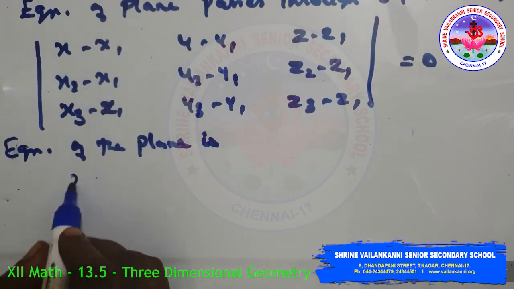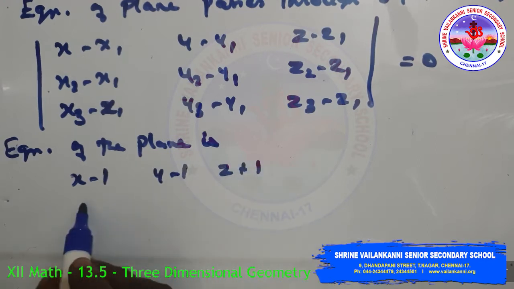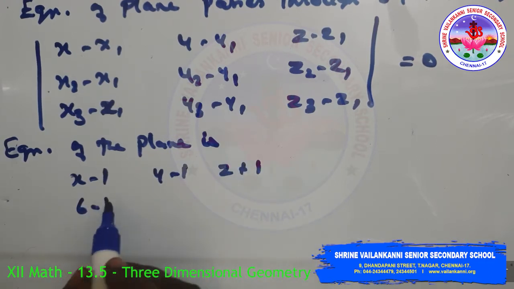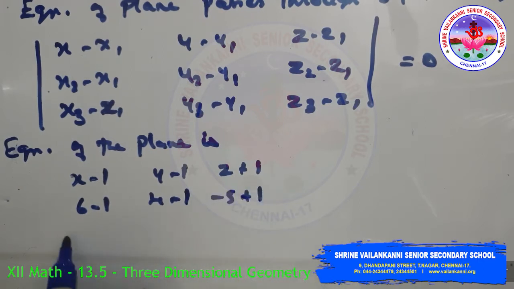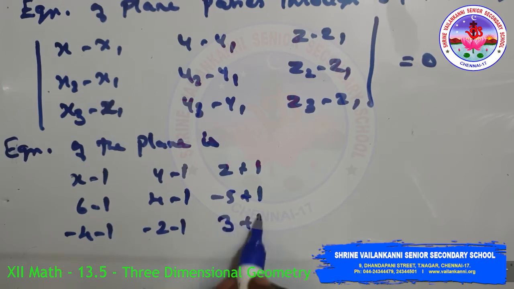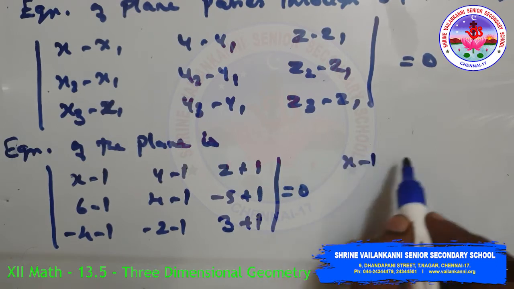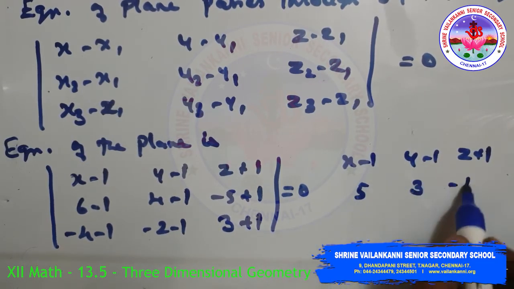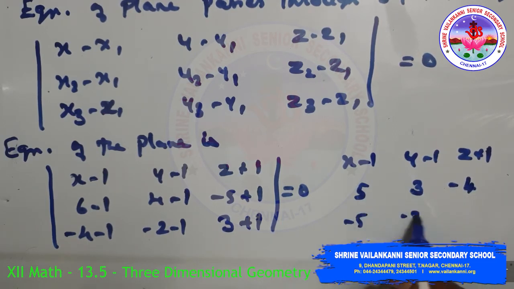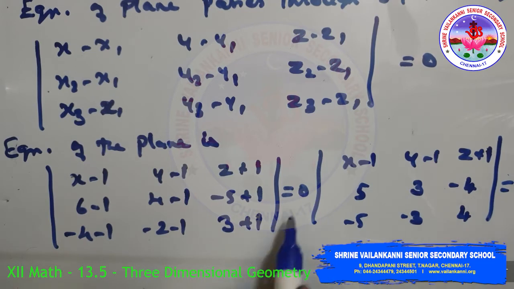Equation of the plane is the determinant of x - 1, y - 1, z + 1; x2 - x1 is 6 - 1, 4 - 1, -5 + 1; -4 - 1, -2 - 1, 3 + 1, equal to 0, which is x - 1, y - 1, z + 1; 5, 3, -4; -5, -3 and 4, equal to 0.